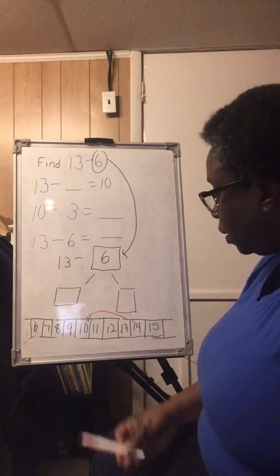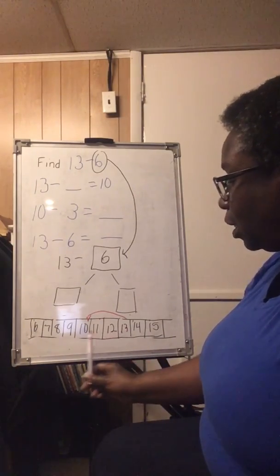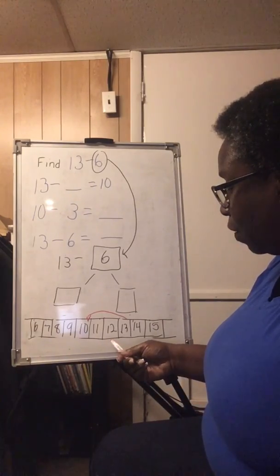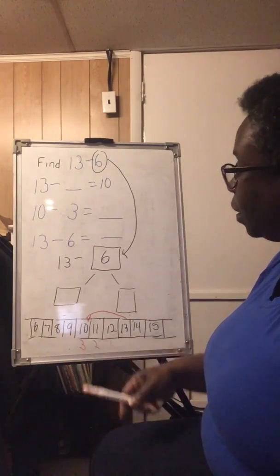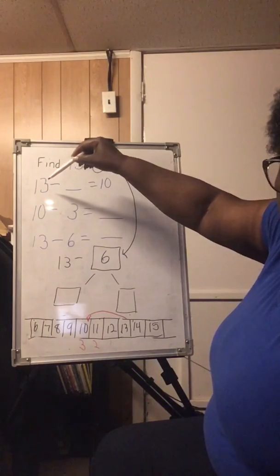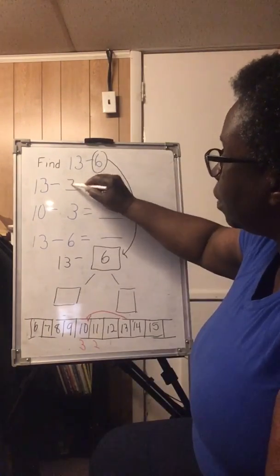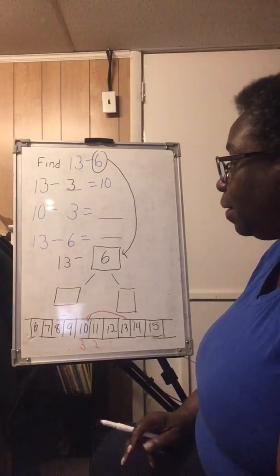Okay? So let's count and see how many spaces we move from 13 down to 10. Not counting 13, start with 12. 1, 2, 3. So we know that 13 minus 3 give us 10. Okay?